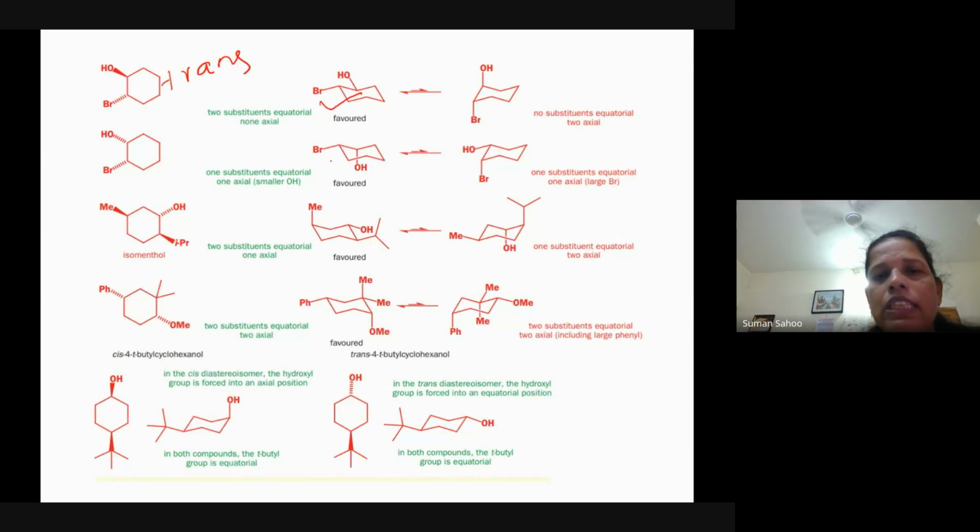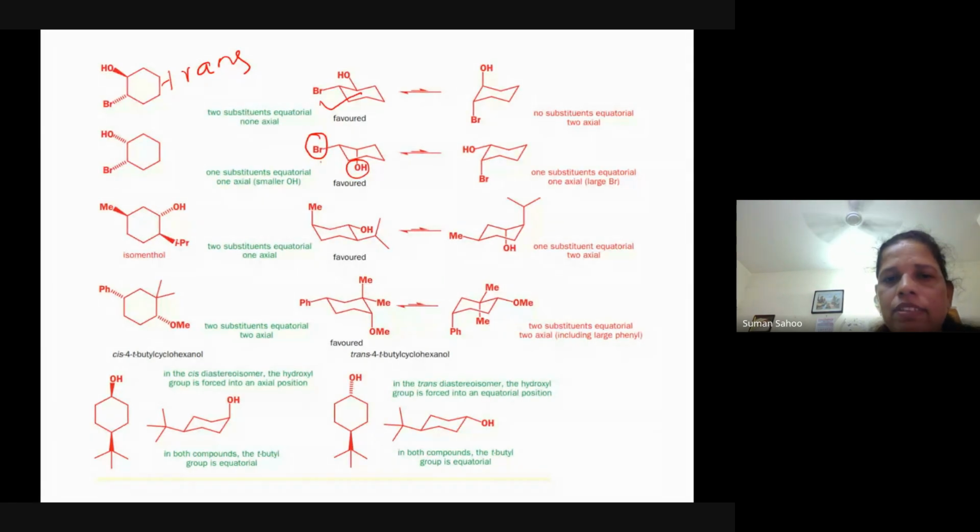So here you see you have two different groups. One is bromine, one is OH. Whichever is larger will prefer the equatorial position. In that case bromine is larger as compared to OH, so the equatorial position will be occupied by bromine, and the OH group, the smaller group, will occupy the axial position.